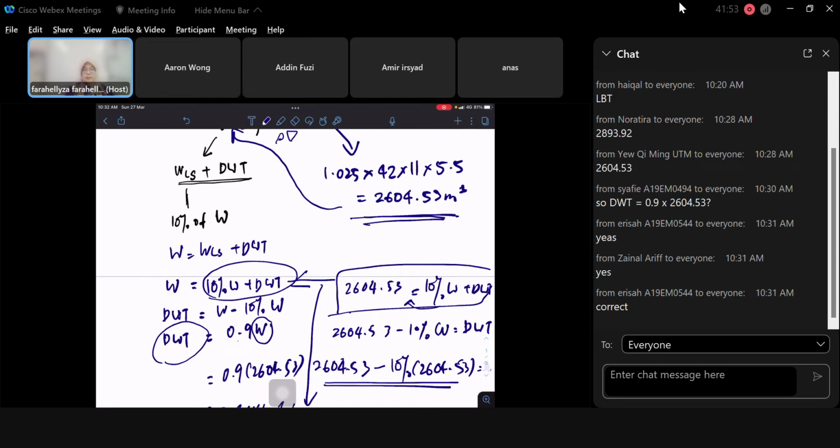In real cases, given the owner's requirement, you cannot simply assume that light ship is 10% of the total weight. There are other approaches you need to apply to get these weight elements.